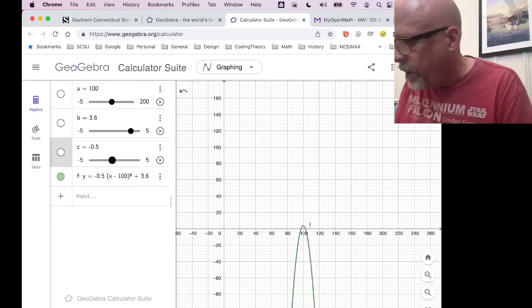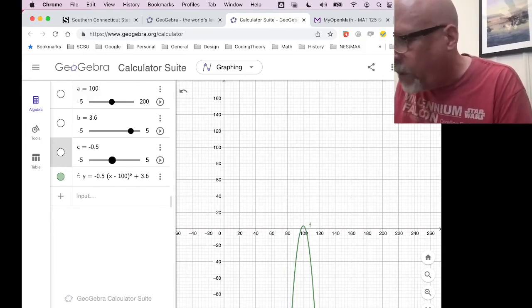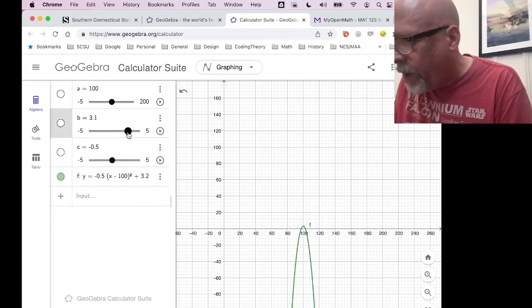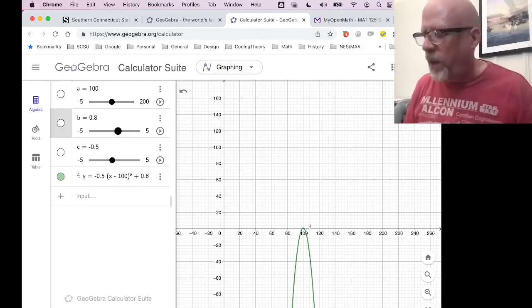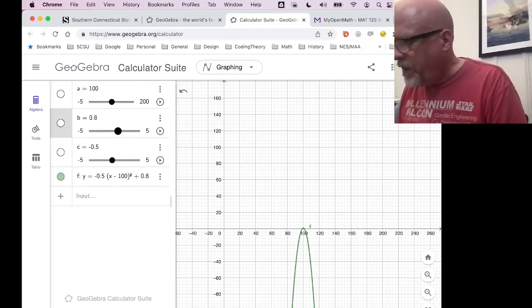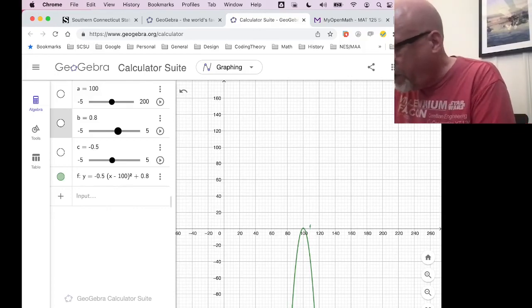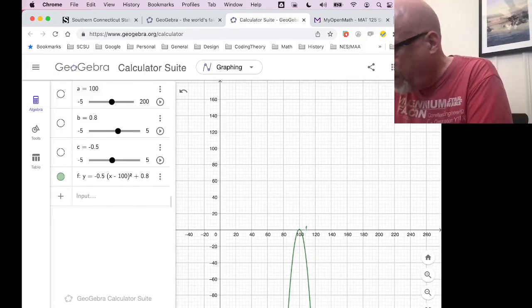The other thing is B. B, I want to be 1, right? I want to reach a profit level of 1 when we have that sweet spot, 100 units per. I can't see. All right, fine. 0.8. 0.8 will be fine. Now, I do want to see something. Let's see if I can make this happen, right?